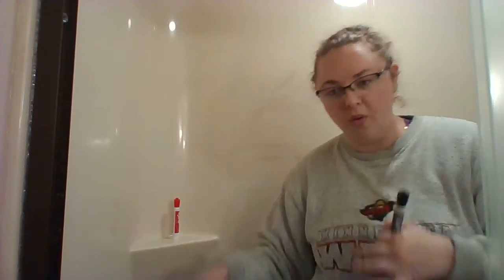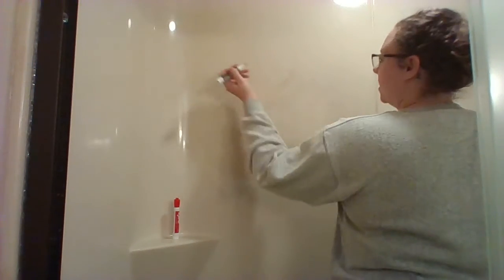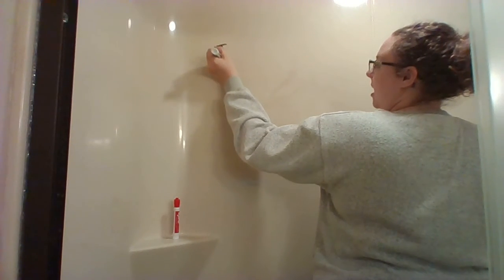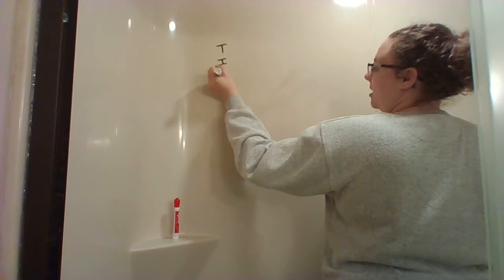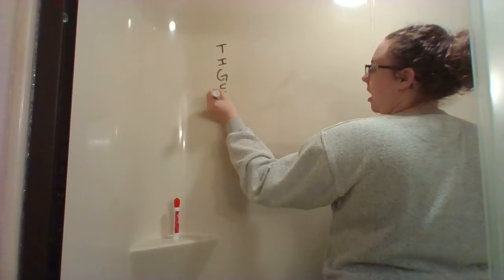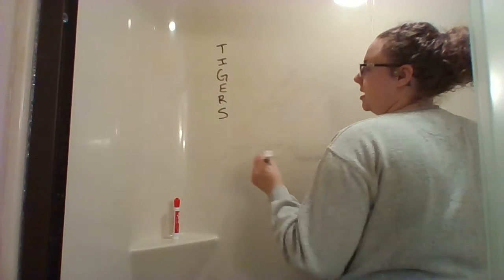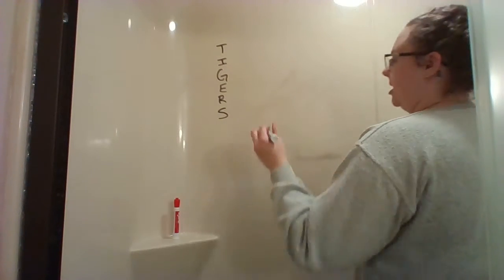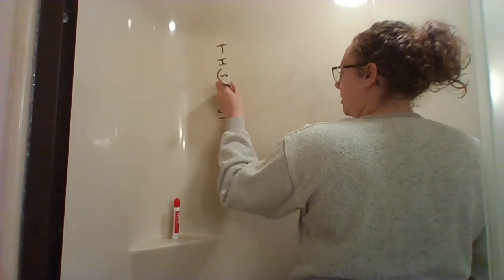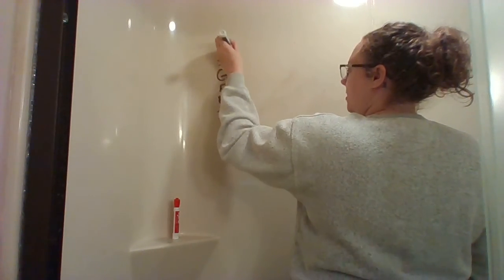You need to have this in your notebook because you're doing the exact same activity for supply like you did for demand, with the whole Google form and worksheet where you put the graphic. We're going with tigers today. T-I-G-E-R-S, tigers.